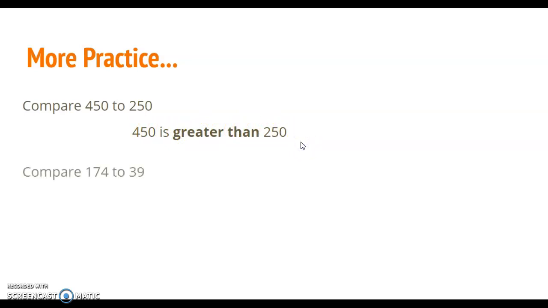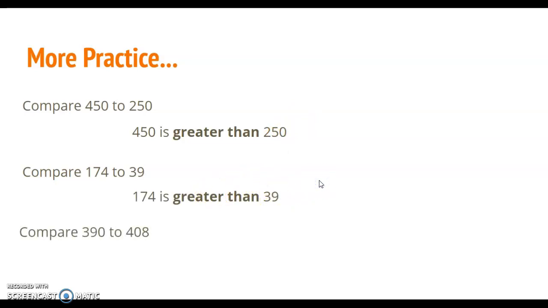Alright, two more to practice. Compare 174 to 39. Is 174 greater than or less than 39? Right, 174 is greater than 39.